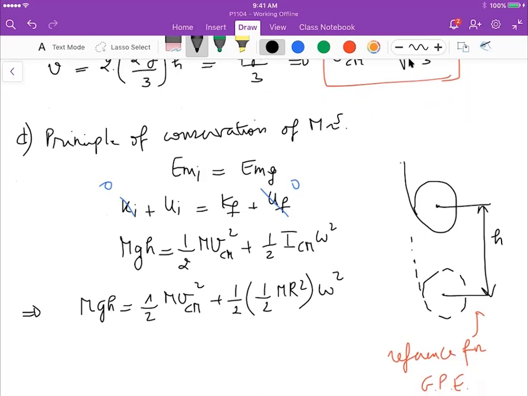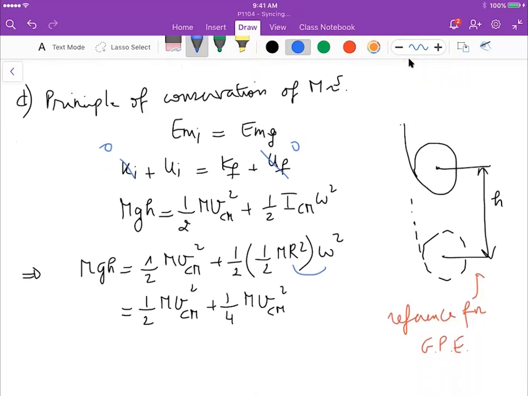But actually, since we are in the case of rolling without slipping, and the condition for rolling without slipping is given by v center of mass equals r times omega, we can here replace 1 over 4 times m r squared omega squared with v center of mass squared, because this is the condition for rolling without slipping.